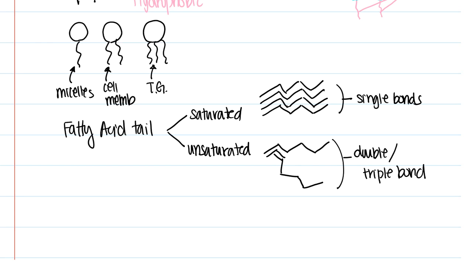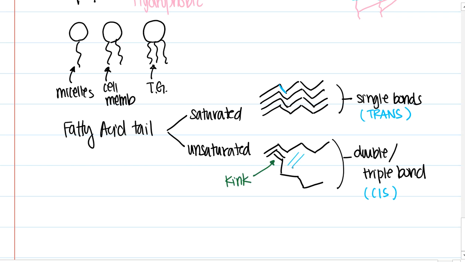Now, if you remember from Orgo, single bonds, if you look, are trans. This is why a lot of times we talk about trans fat, but we never really talk about cis fat. Do you know what I mean? Because if you look at the unsaturated portion, to begin with, we have this little area with the double bond, which we call a kink. But I want you to also notice that there's a lot of empty space in between the fatty acid tails.